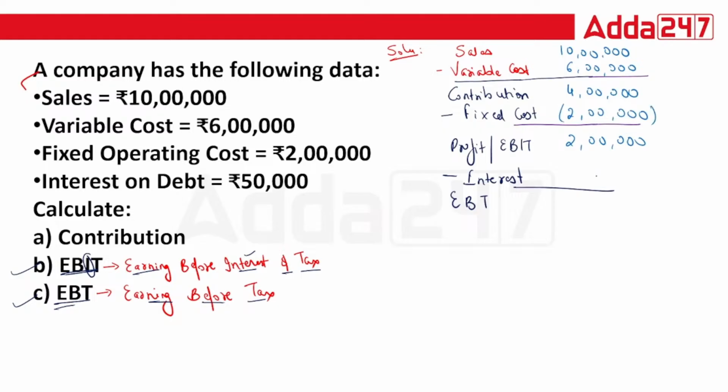Now what is the interest on debt? That is 50,000. So ultimately EBT is 1,50,000. So contribution answer is 4 lakhs, EBIT answer is 2 lakhs, and EBT, earning before tax, is 1,50,000. This is how we calculate your contribution, EBIT and EBT.